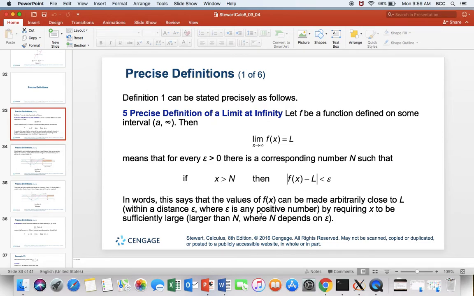So in other words, this says that the values of f(x) can be made arbitrarily close to L, within a distance epsilon. Epsilon is any positive number, by requiring x to be sufficiently large. That's why we say if x is greater than N, then absolute value of f(x) minus L is less than epsilon. Okay.